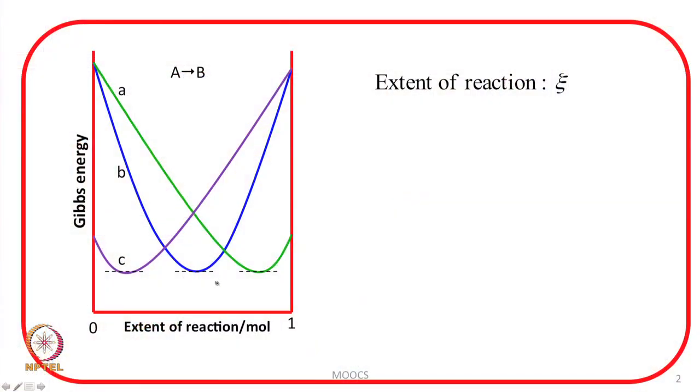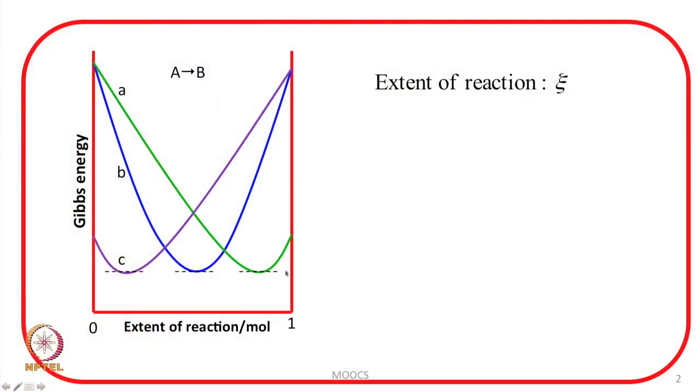And in B, where the minima you see is quite in between 0 and 1, that means at equilibrium you will have appreciable amount of product as well as appreciable amount of reactant. So, in other words, in terms of yield, in terms of the amount of product formed, in the case of green curve, the reaction is almost complete and a large amount of product will be formed.